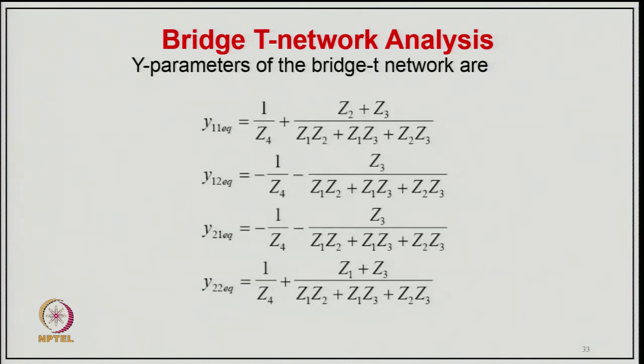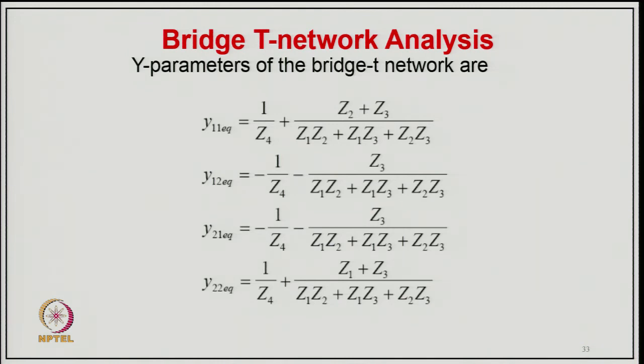From these two, the combined equivalent y parameters of the bridge T network are as follows. y11 equivalent, by parallel combination, is 1 by Z4 plus (Z2 plus Z3) divided by (Z1 Z2 plus Z1 Z3 plus Z2 Z3). y12 is minus 1 upon Z4 minus Z3 divided by (Z1 Z2 plus Z1 Z3 plus Z2 Z3). y21 equivalent is minus 1 upon Z4 minus Z3 divided by the same term, and y22 equivalent is 1 by Z4 plus (Z1 plus Z3) divided by (Z1 Z2 plus Z1 Z3 plus Z2 Z3).